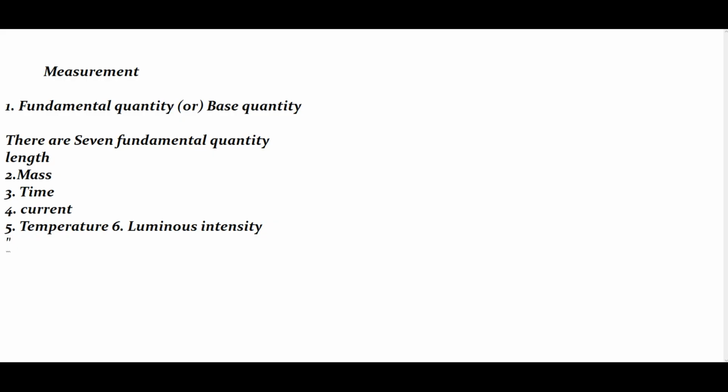Then seventh, amount of substance. So these are all the 7 types of fundamental quantities: length, mass, time, current, temperature, luminescence intensity, then amount of substance.